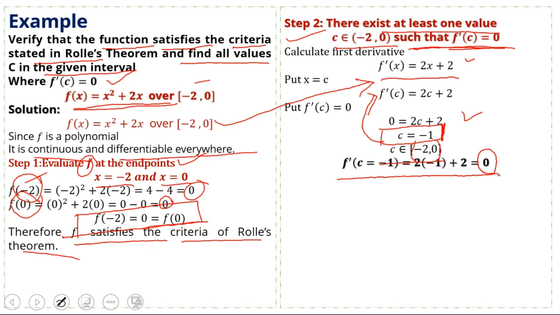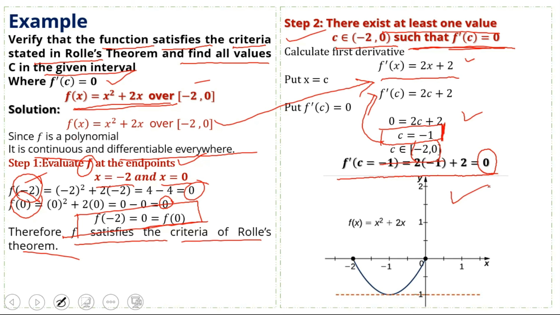So let's see graphically. This is the graph of the given function f(x) = x squared plus 2x. The value of the function at the endpoint x equals -2 is 0, and at x equals 0 the value of the function is 0.